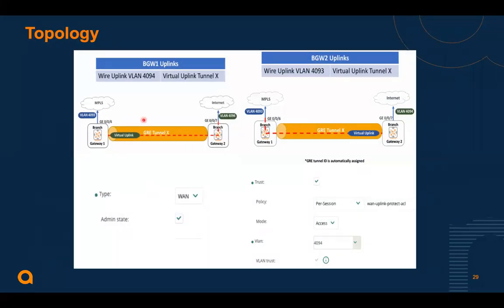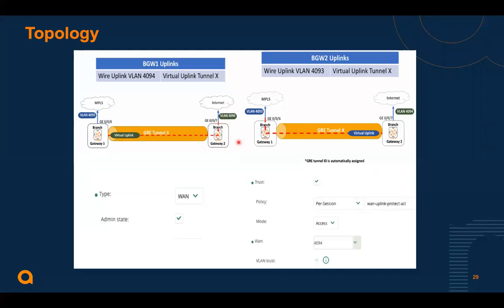Yeah, so this would give you a better idea. Say there is a branch gateway 1 that has an MPLS connection, and that is on VLAN 4093, and there is another branch gateway that has a different uplink on a different VLAN.